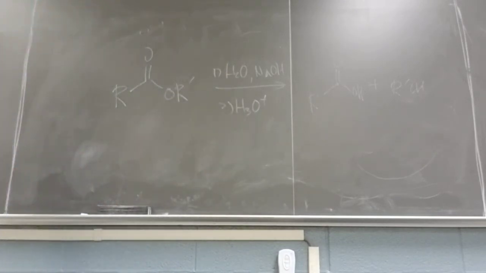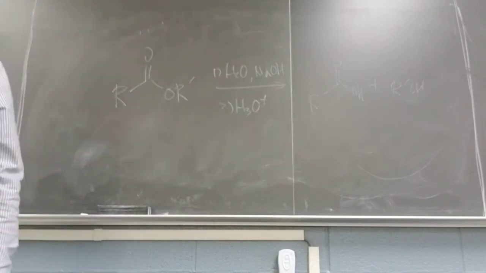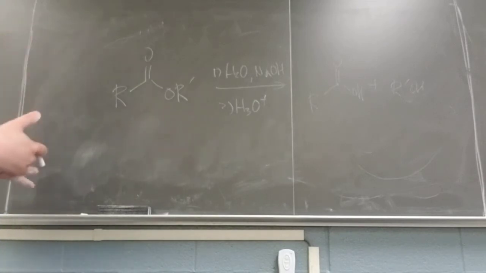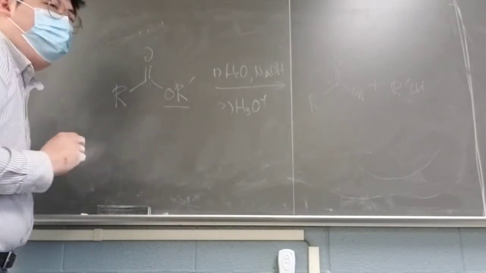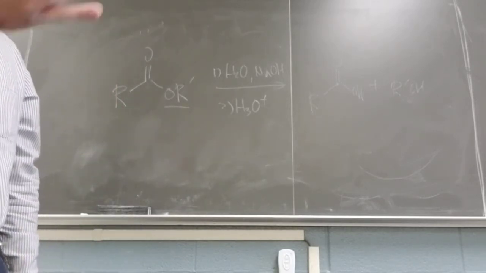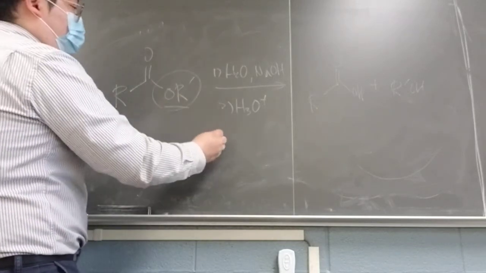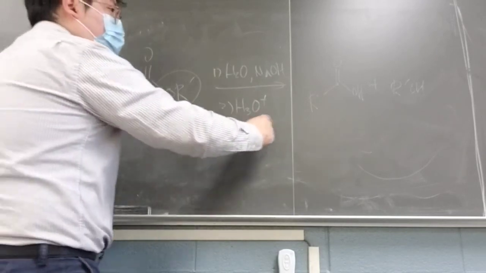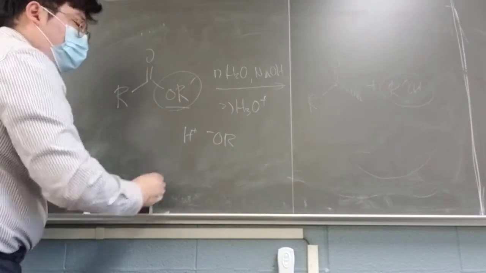Okay. So what happens here in a basic condition is very similar to what we already did on Monday. We also did it with the acid halide compounds. The only difference is you have another leaving group. You had a halogen group to leave for previous sections. Here we just have this one to leave, and when it protonates, it becomes alcohol, right?